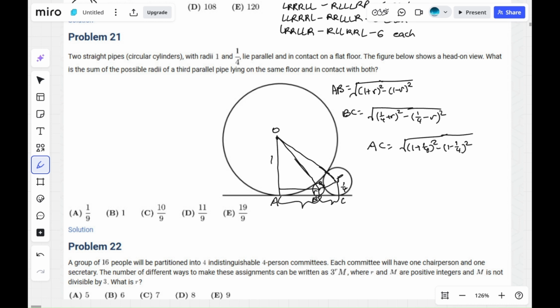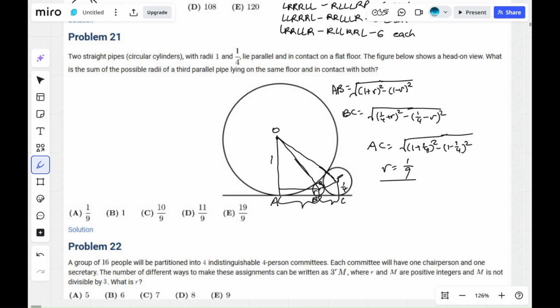And then we can solve for r because AB plus BC is equal to AC. So then we see that in this case, r will be equal to 1/9.